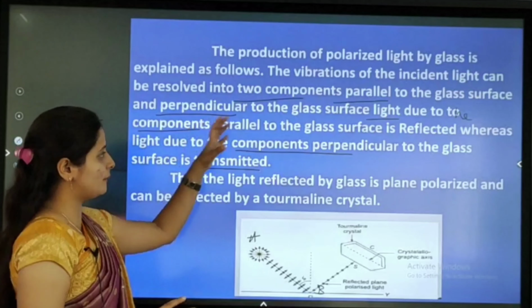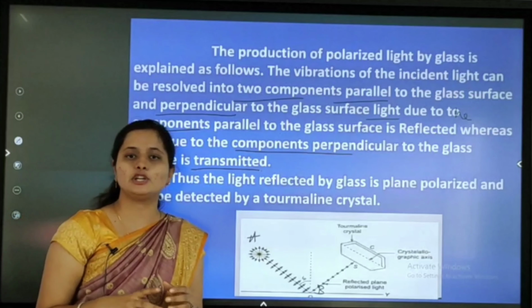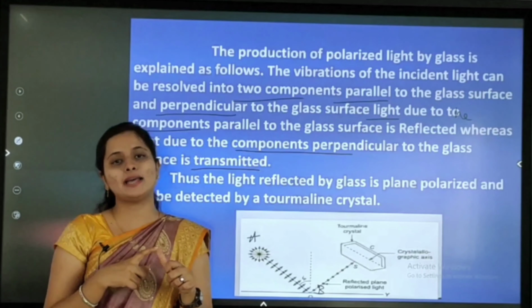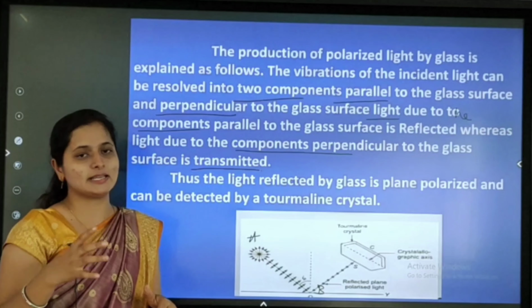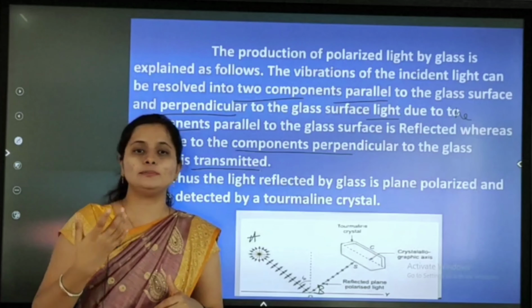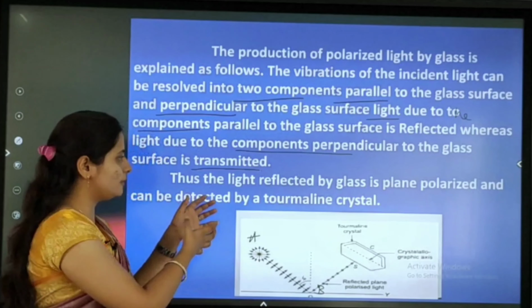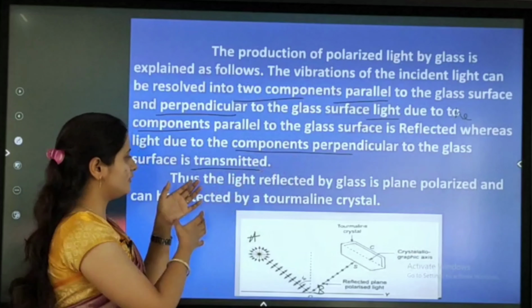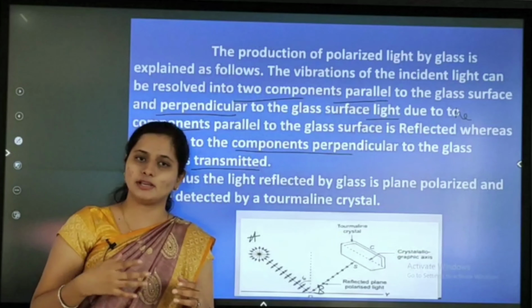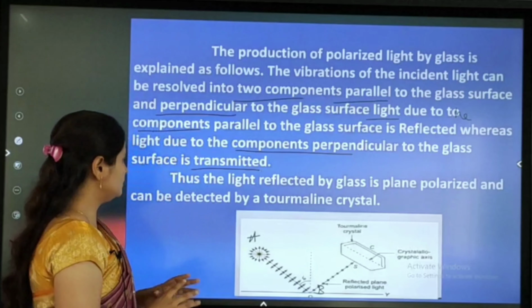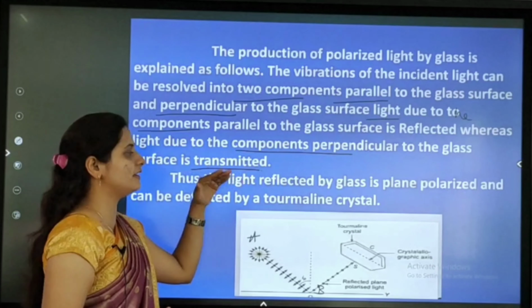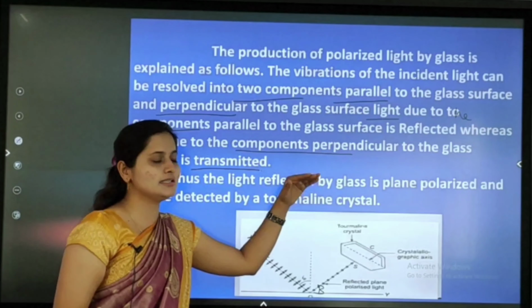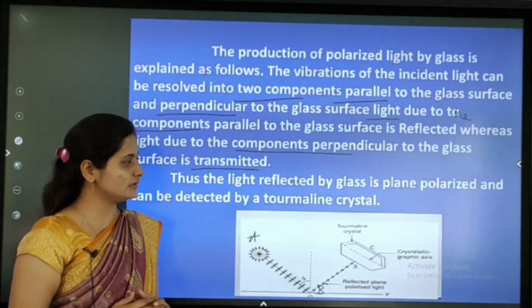So the vibration of incident light can be resolved into two components, one parallel and one perpendicular. The parallel one will be reflected, and the perpendicular one will be transmitted or refracted.